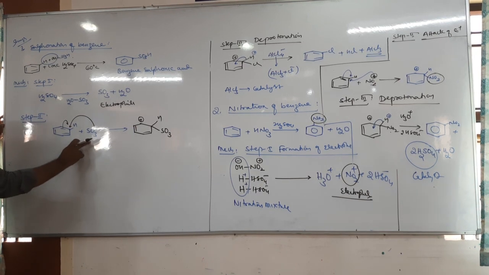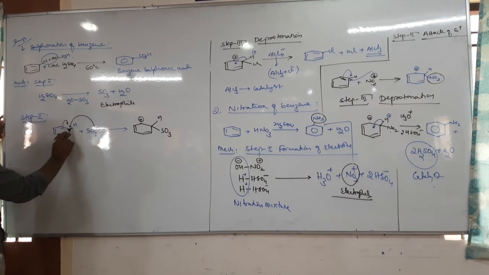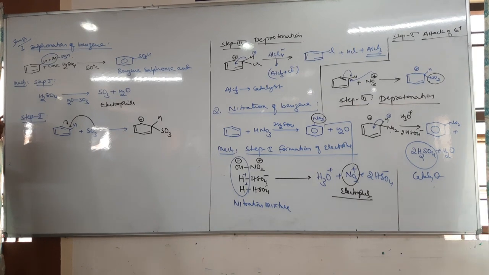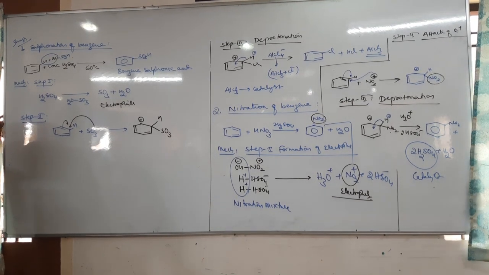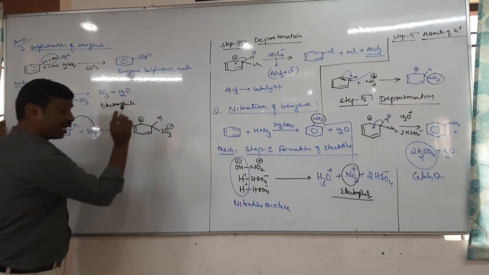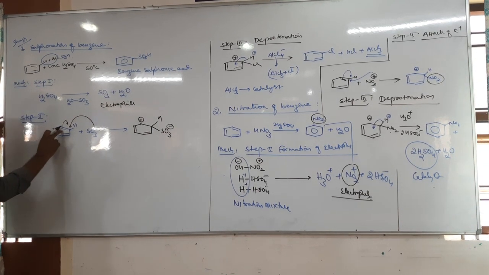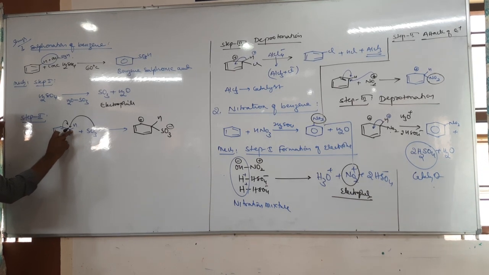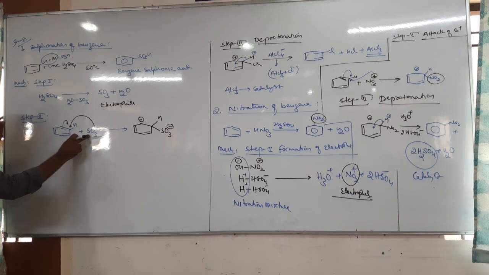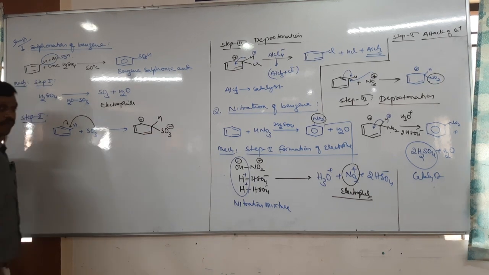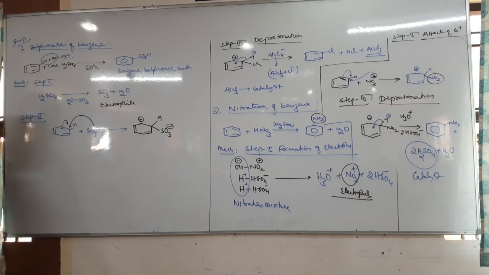It is SO3. When SO3 attacks here, what happens? It becomes negative. Why? Because this pi electron shifted onto this carbon, and since SO3 is attached here, that negative charge shifted onto this SO3, right?